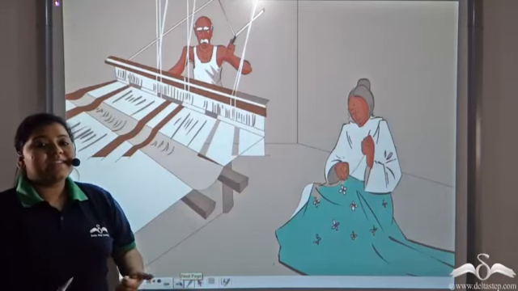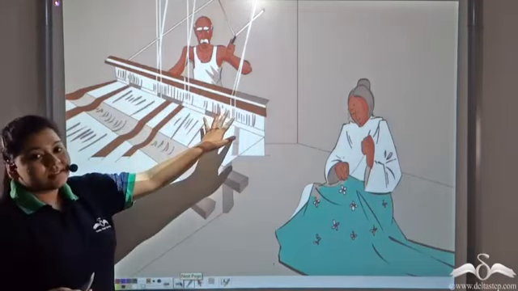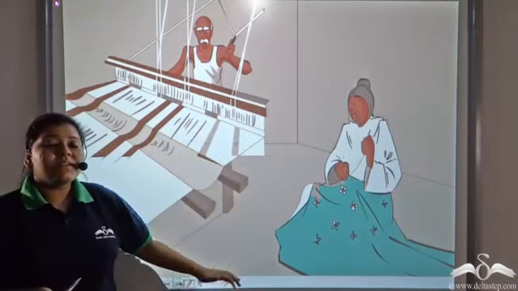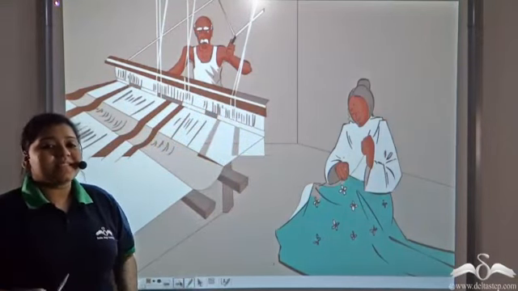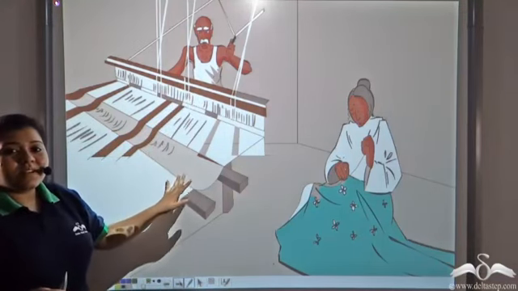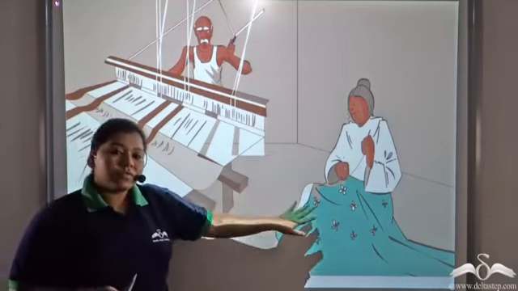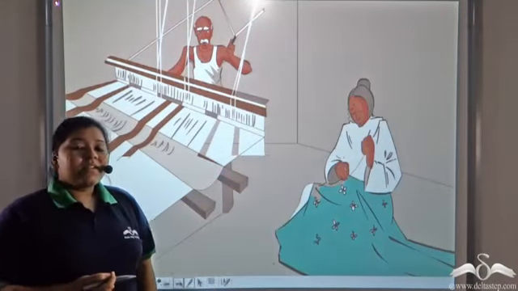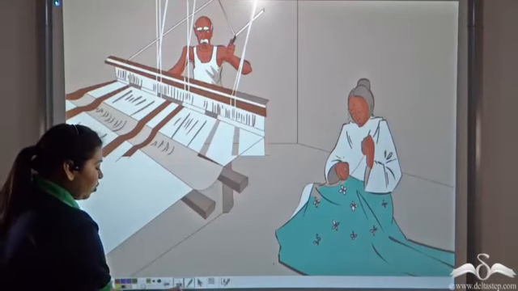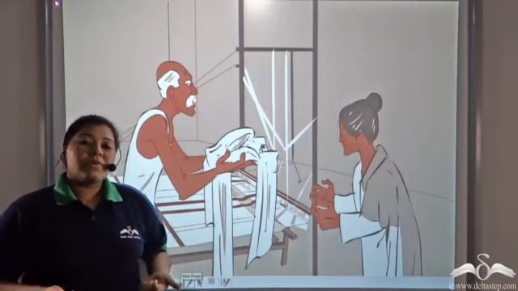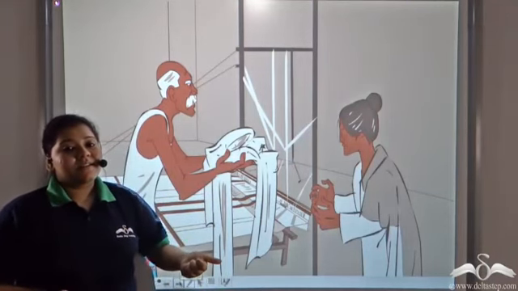We can compare this to this case. Imagine that this old couple runs a small business in their home. The old man weaves the cloth, and the old woman stitches designs on them. Now, how do you think the old man would transport the clothes to the woman?